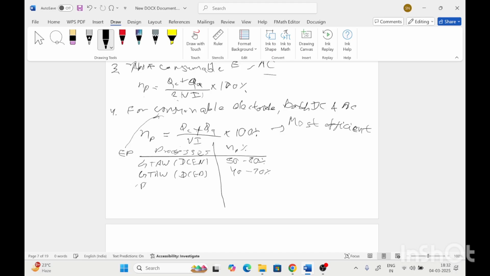For plasma arc welding, it is 50 to 80. For shielded metal arc welding, it is 70 to 90. For gas metal arc welding, it is 60 to 90. And for submerged arc welding, the heat efficiency is 90 to 100%. Means the highest heat transfer efficiency is for submerged arc welding.